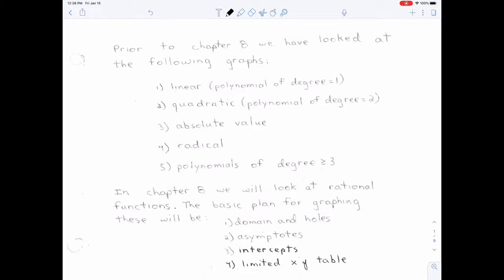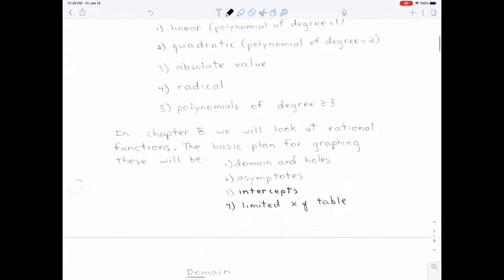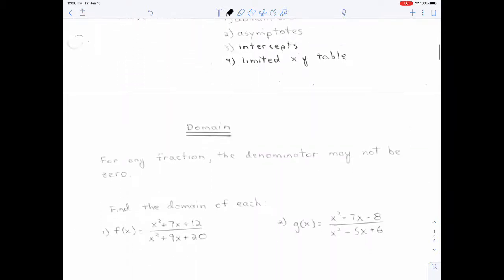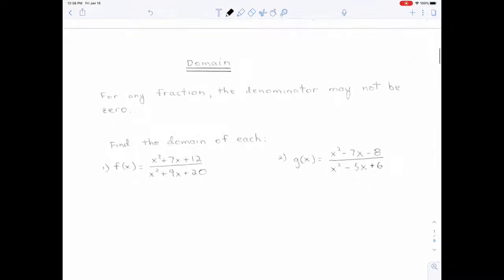I could even reduce this to holes, asymptotes, intercepts, and a limited XY table, but you still need to find the domain. Let's take one of these at a time, and take this kind of slowly.